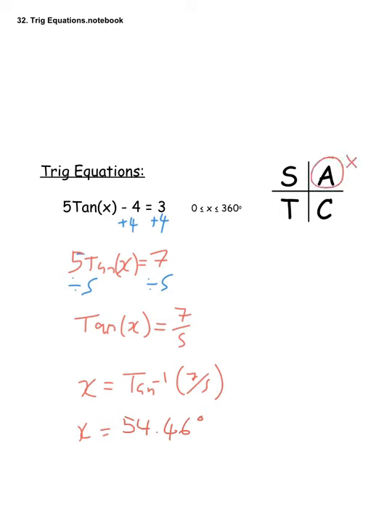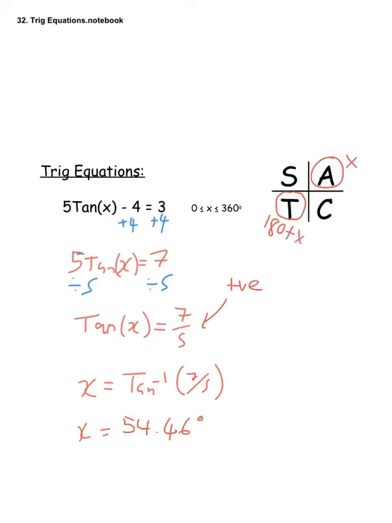Okay, so we have our first quadrant answer. That's our x. The second answer we need is for the tan quadrant, because we've got a tan function and our function is positive. We've got 7/5 positive. So what we're going to do is 180 plus the answer we just got.